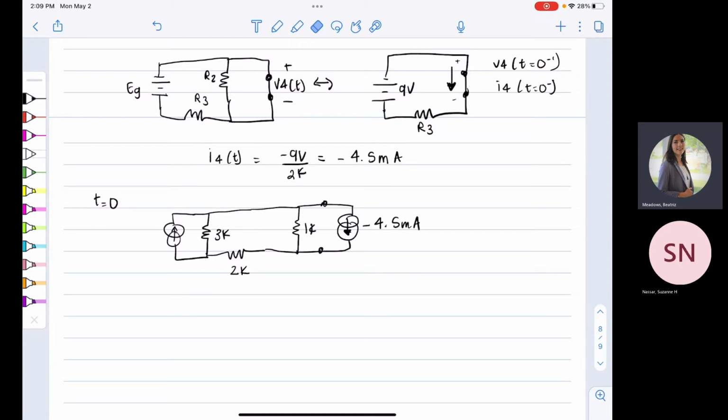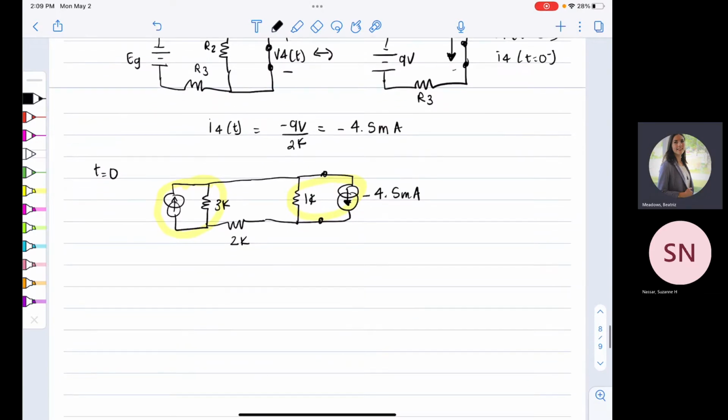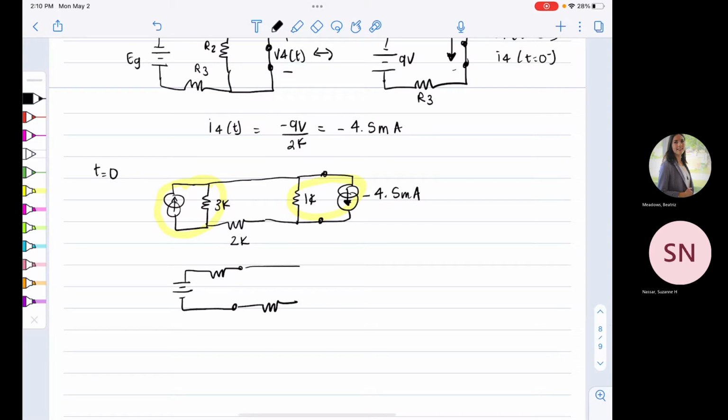Right. I mean, there's also a resistor here, so we wouldn't be able to, right? Everything has to be in parallel. So this guy would have to be in parallel here. But because you have these two guys in parallel and two guys in parallel, you can make them voltage sources, right? Okay, and that's going to make our life easier.